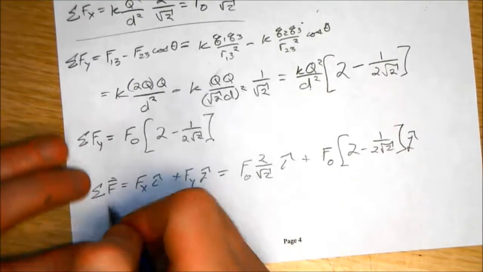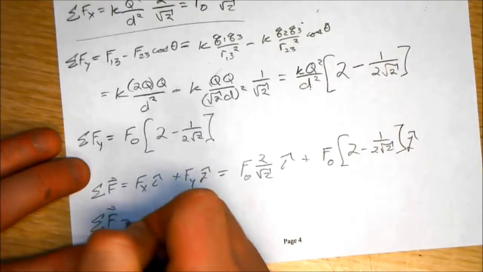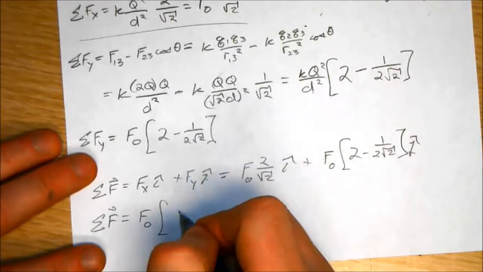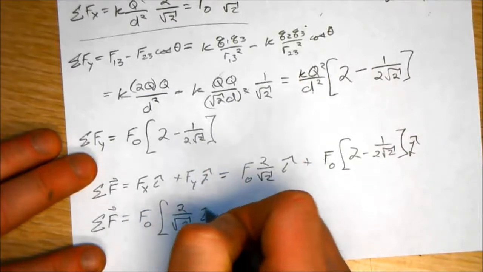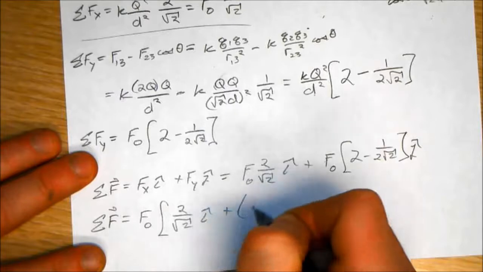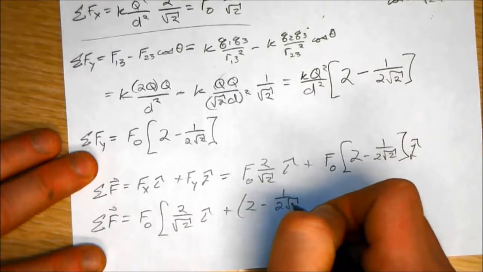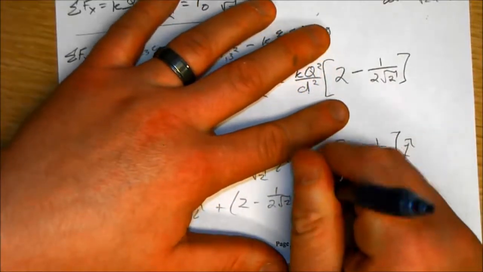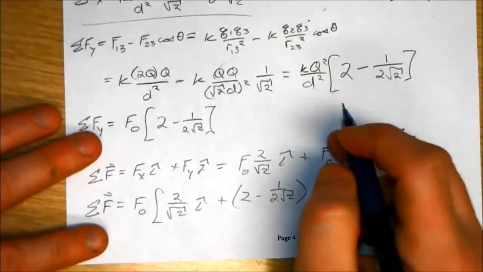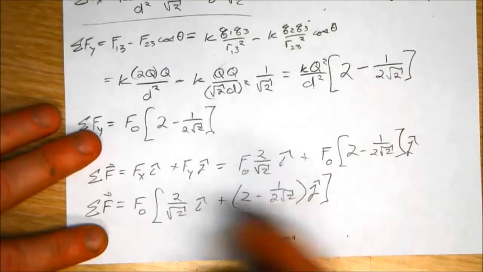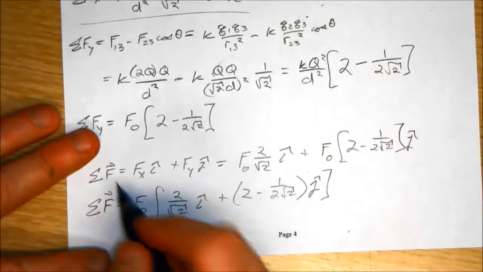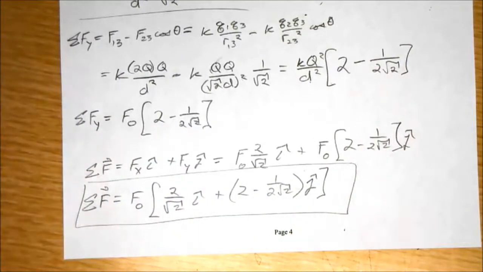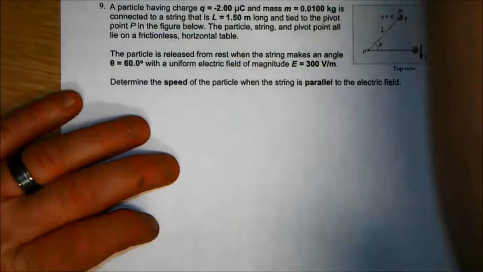Of course you can factor out the F naught. So this is 2 over root 2 i hat plus 2 minus 1 over 2 root 2 j hat. And that's your final answer. If you wanted to, you could throw this in your calculator and put a decimal down. That would be fine too.